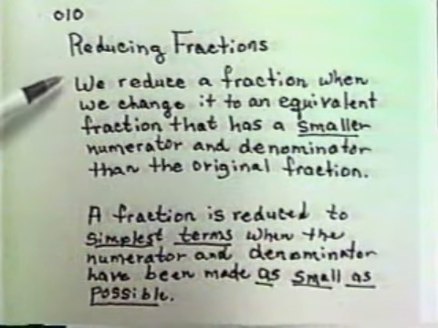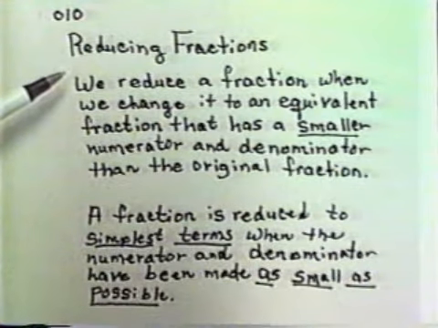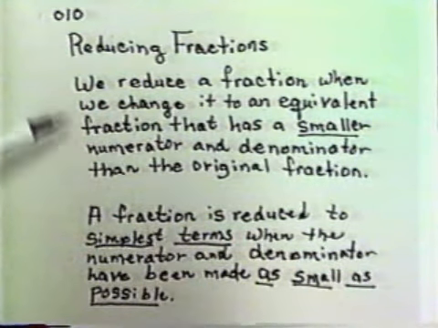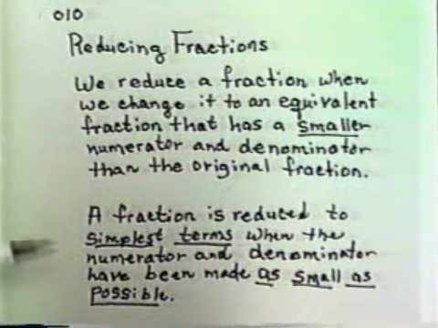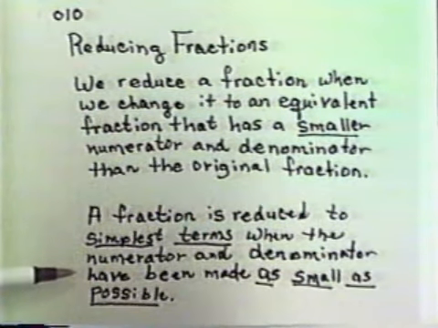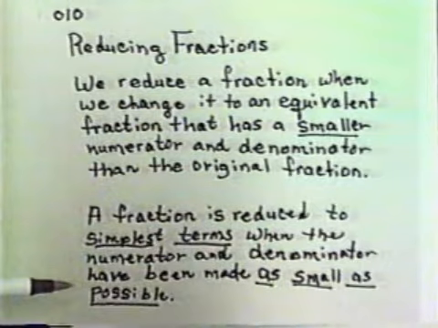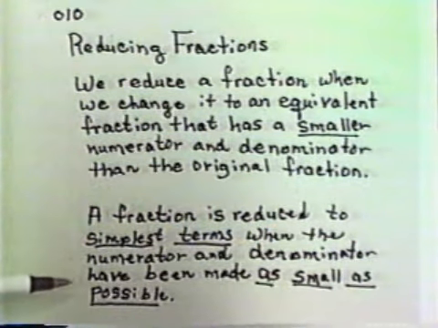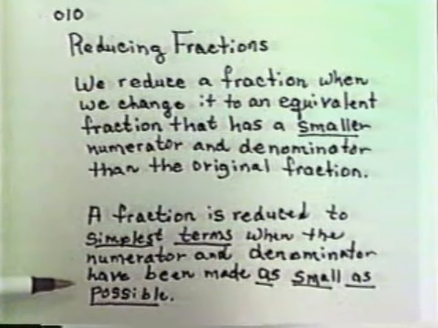So when we reduce a fraction, we try to change the numerator and denominator to a smaller numerator and denominator. And when we reduce it to simplest terms, we try to make the numerator and denominator as small as we can. But our new fraction has to be equivalent to our beginning fraction.